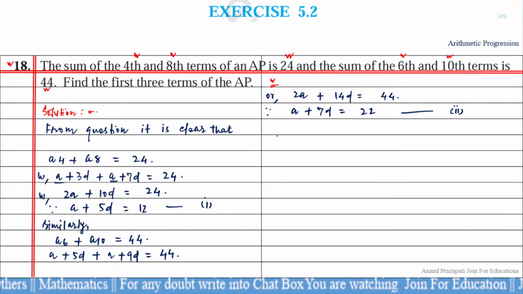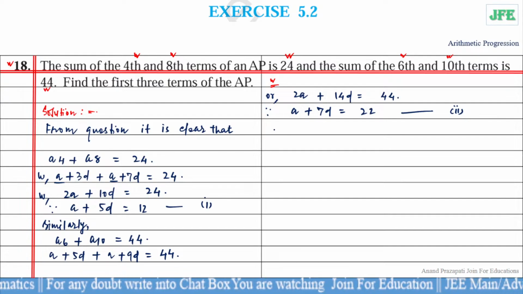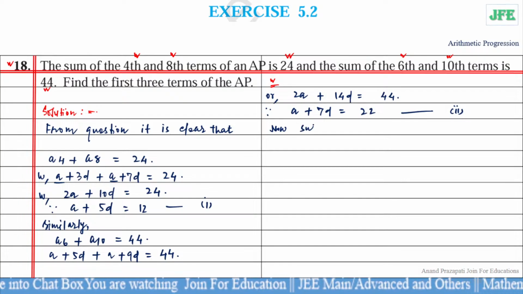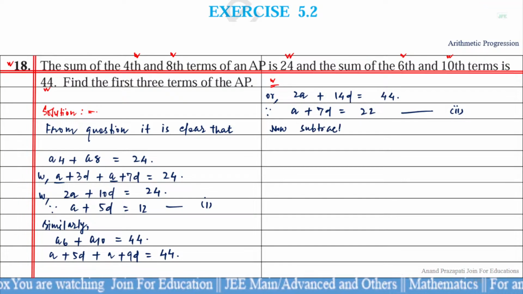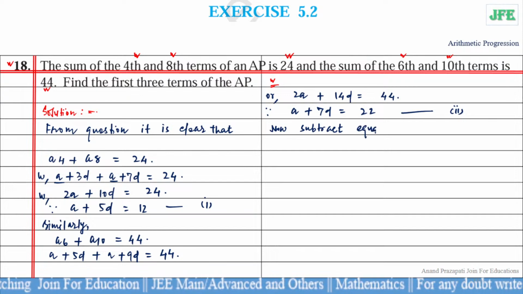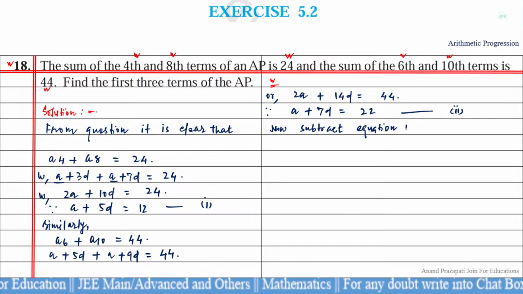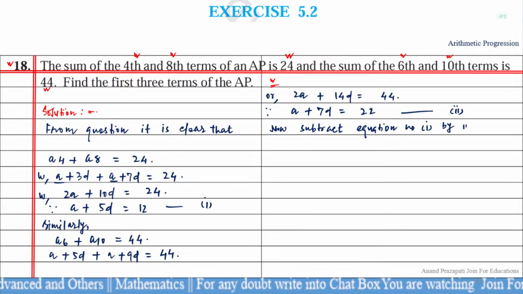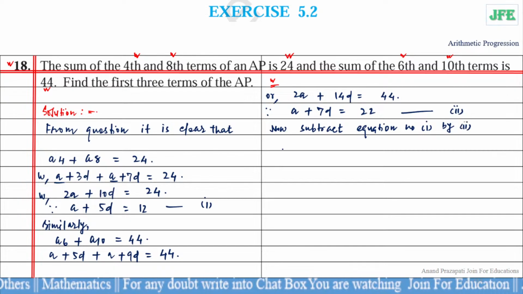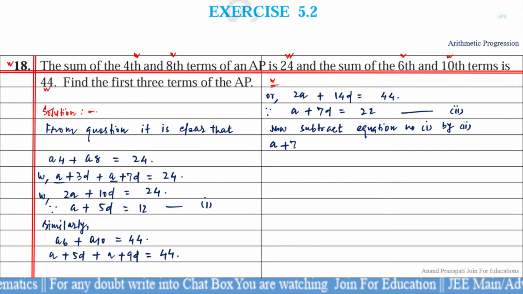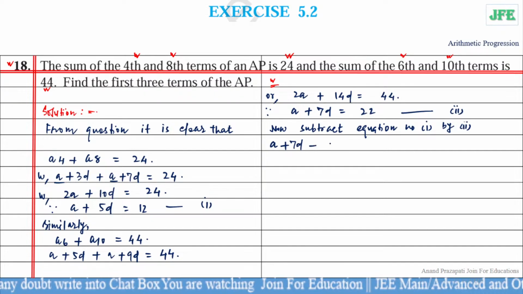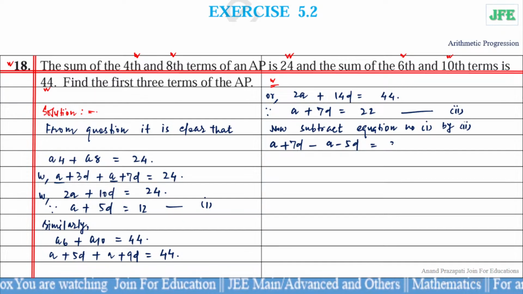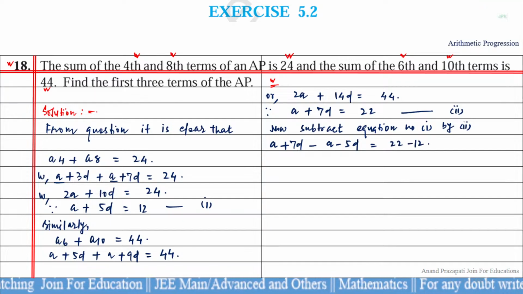Now we subtract equation number 1 from equation number 2. So we write down here, subtract equation number 1 from 2, then we get a plus 7d minus a minus 5d equal to 22 minus 12.